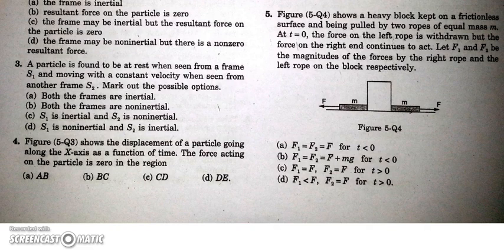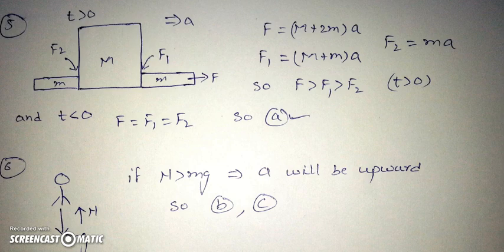But the next option is F1 equal to F2 plus mg for t less than 0. No, this is incorrect. For t greater than 0, as the system is accelerating, these forces will not be the same. When this force is removed, F is given by total mass into acceleration.